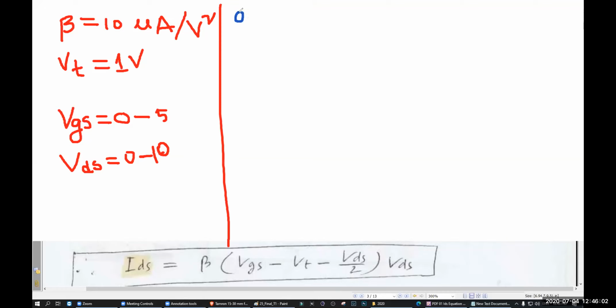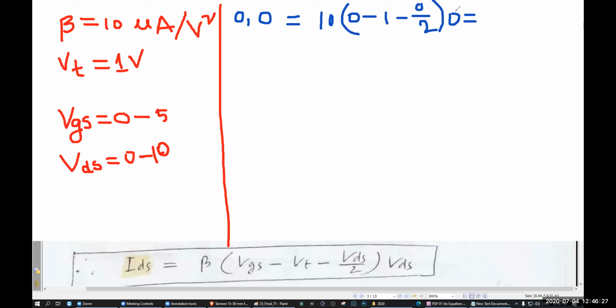For 0, 0, that means your VGS is equal to 0 and your VDS is equal to 0. So if you put those, what is your IDS? Beta 10, VGS is 0, minus 1, VDS 0 also, into 0. What is your value?